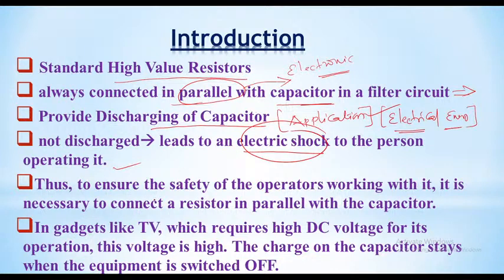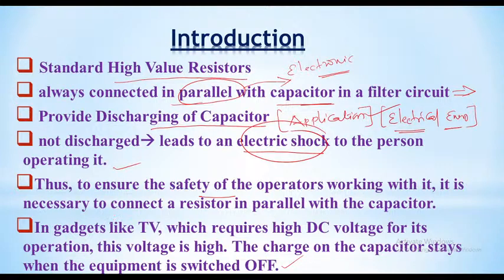Thus, to ensure the safety of operators working with it, it is necessary to connect a resistor in parallel with the capacitor. In order to ensure safety in the circuit, we are using the bleeder resistors. In gadgets like TV, which require high DC voltage for their operation, this voltage is very high, and the charge on the capacitor stays when the equipment is switched off.